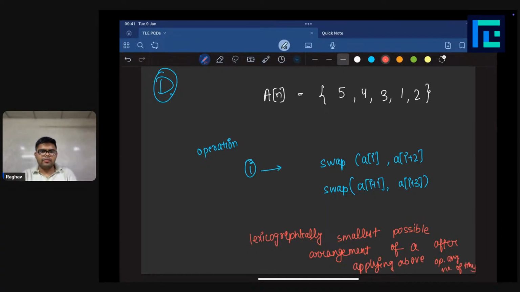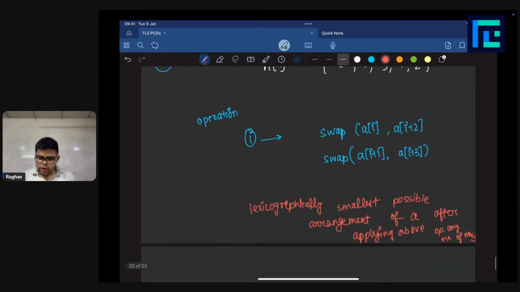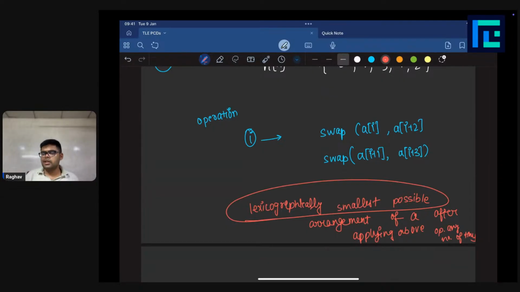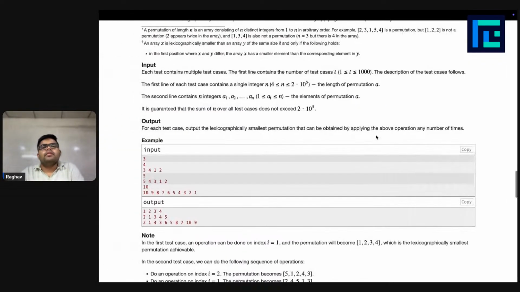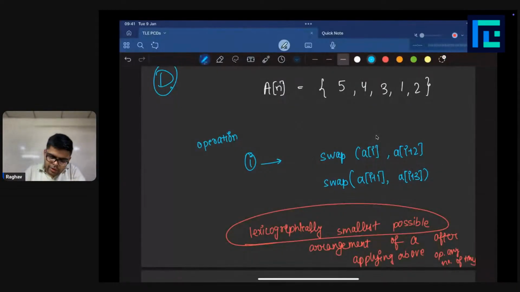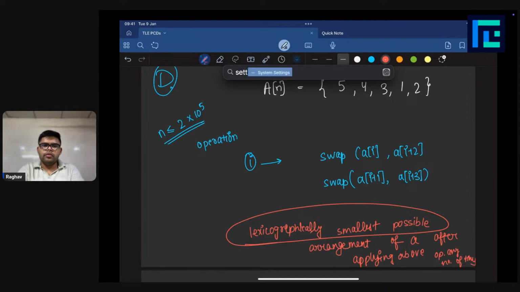You got the idea, I think. So we can apply the above operation any number of times, and we want to obtain the lexicographically smallest arrangement of A. The problem is pretty straightforward. The value of n here can be as large as 2 times 10 raised to the power 5. Right. So, okay, there is one thing that I think I need to do.